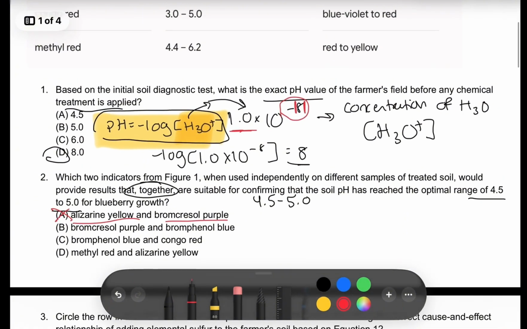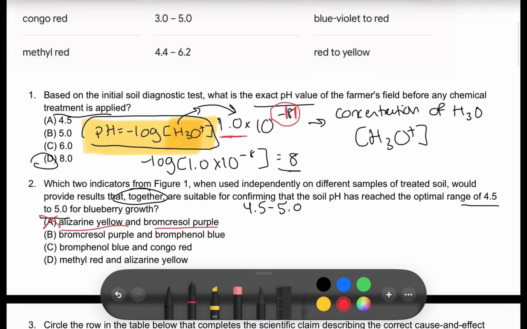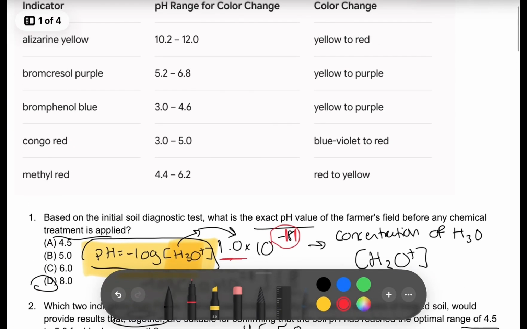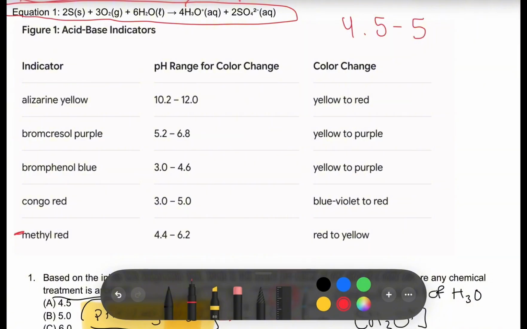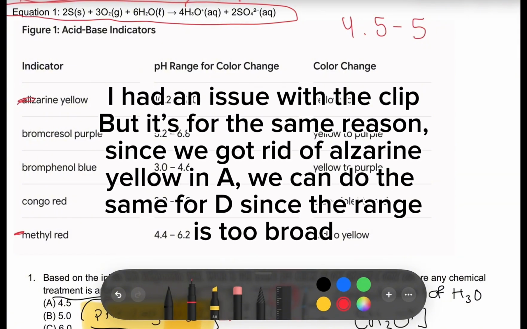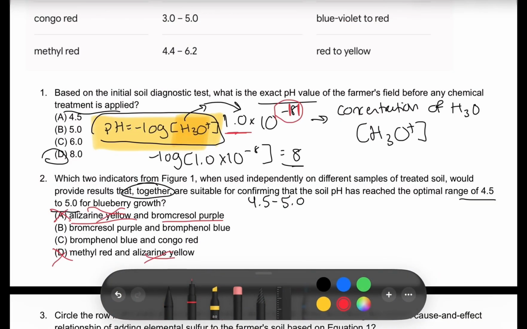Now, I want to work around before we get to the actual answer. So let's do methyl red and Alizarin yellow. So now we're left with Bromocresol purple, Bromophenol blue and Congo red.